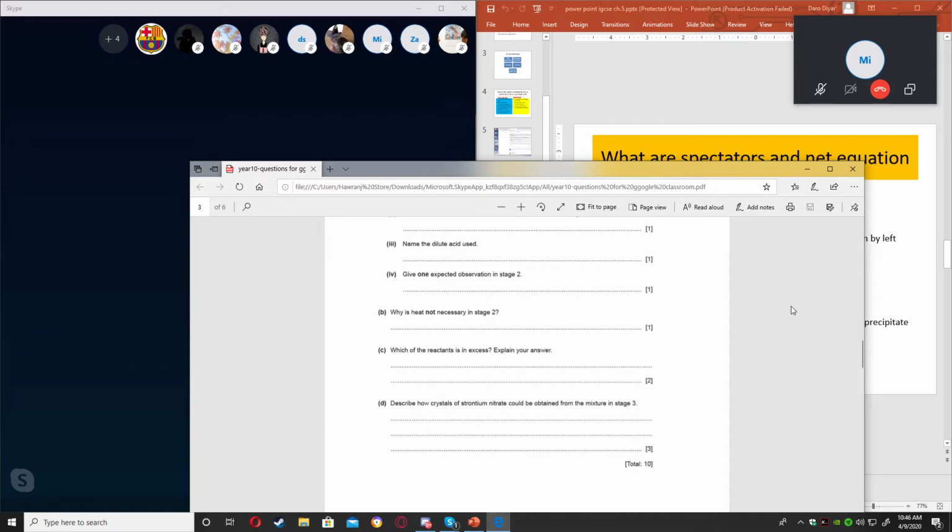How can we get the crystals? Which method should we do? Rosie, what do you think? Which method should we do to get the crystal?